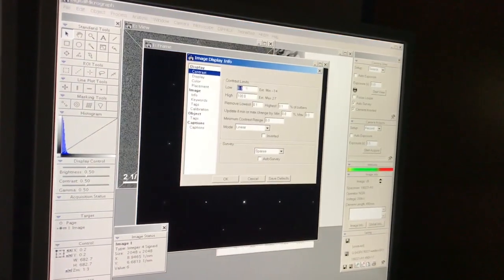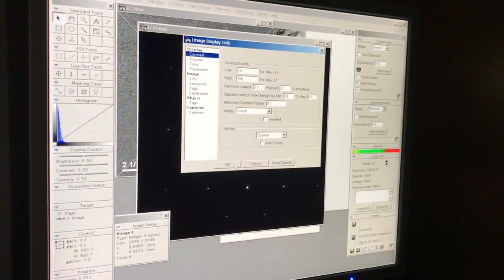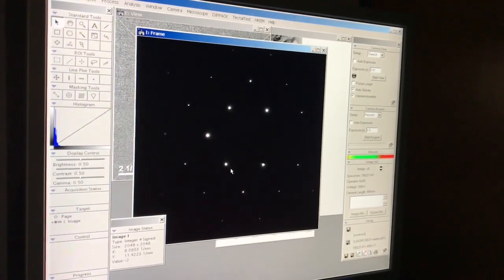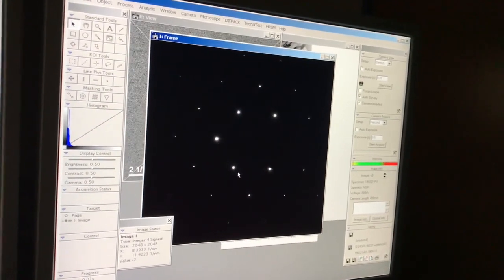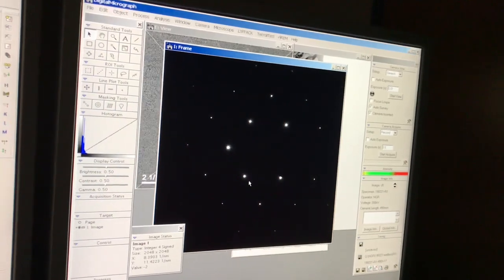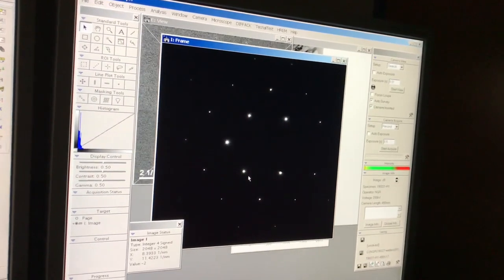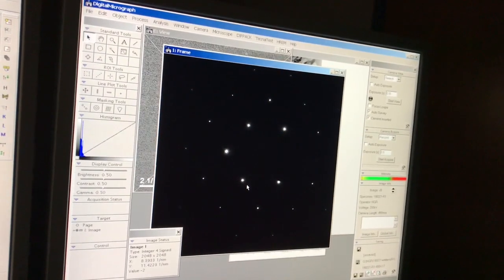So I can increase that some more. If I go 150, that looks a little better still. Sometimes the digital adjustment inherently gives you a nice result, sometimes it doesn't, and you have to play around with it. But I have a diffraction pattern now that's isolated from the substrate.